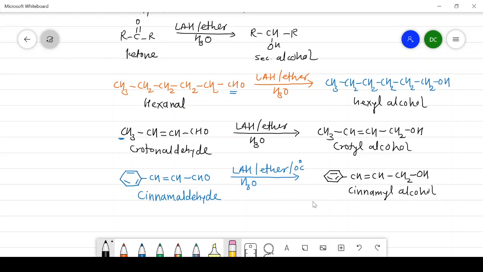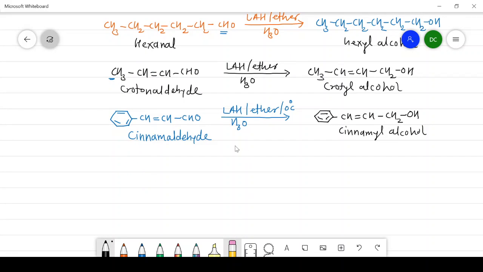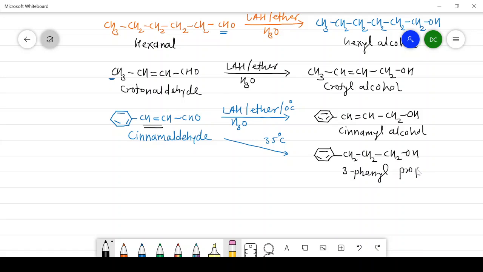But when a similar reaction is carried out at a higher temperature, say 35 degrees Celsius, there is a drastic change in the product, and this carbon double bond carbon is also reduced at a higher temperature, and we get a product that is CH2 CH2 then CH2OH, that is 3-phenylpropanol.